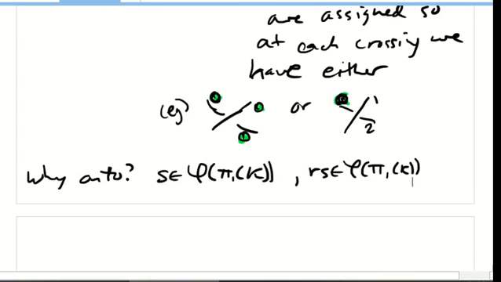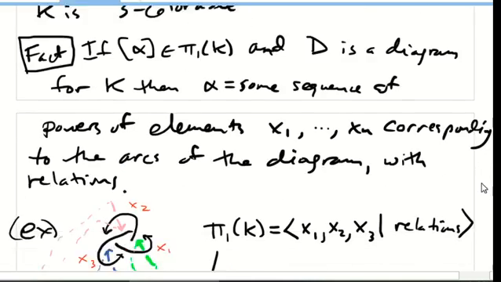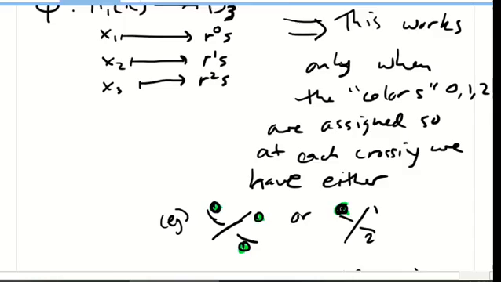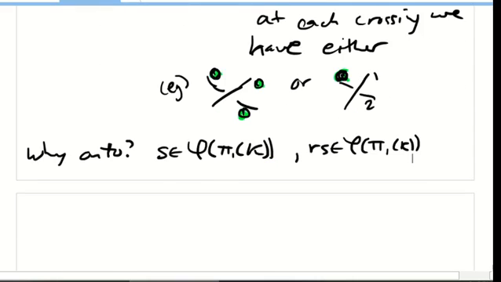And we know that in this case, the element x2, x1 will map to RSS, which is R, right?